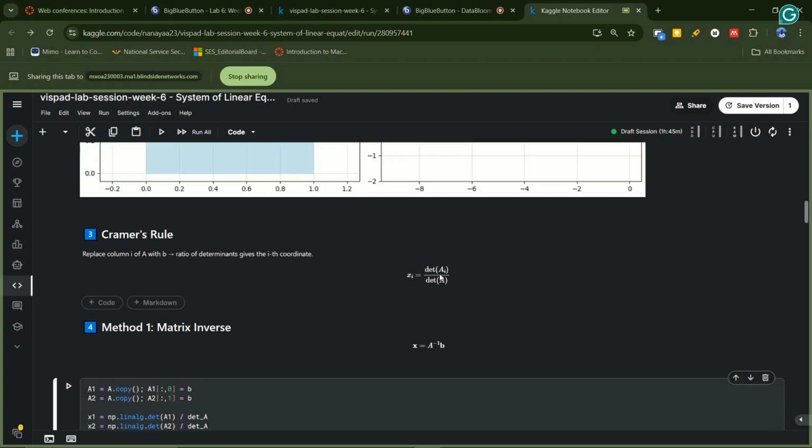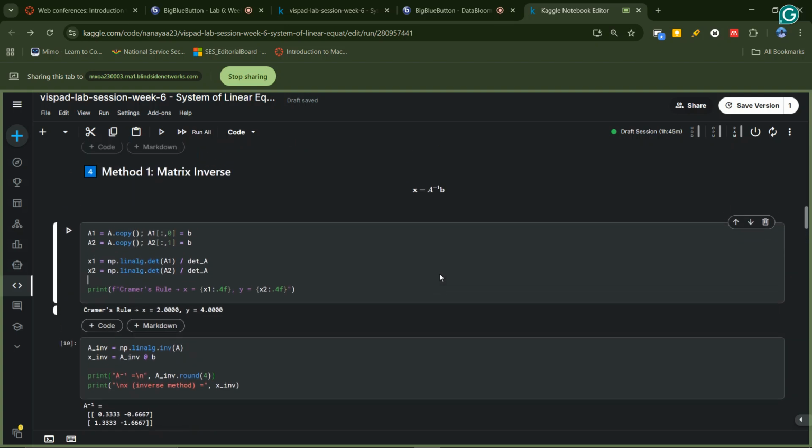A superscript x is the matrix A with its first column replaced by the vector b.